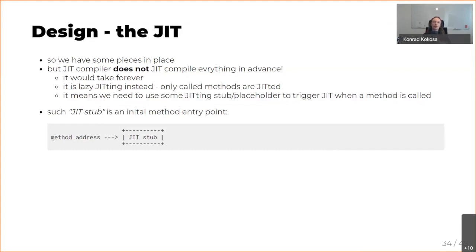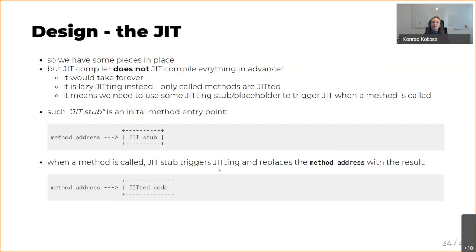So in the end, every method address in your application, if you have an assembly and a method inside a type, including the main method of the program's static class, points to some JIT stub, and this JIT stub is only waiting to be called. If you call it, it will start JITing the method under the given address, replace the result, and then execute it. So in the end, we will have the method address pointing to the JITed code. The JIT stub will be replaced with the JITed code.